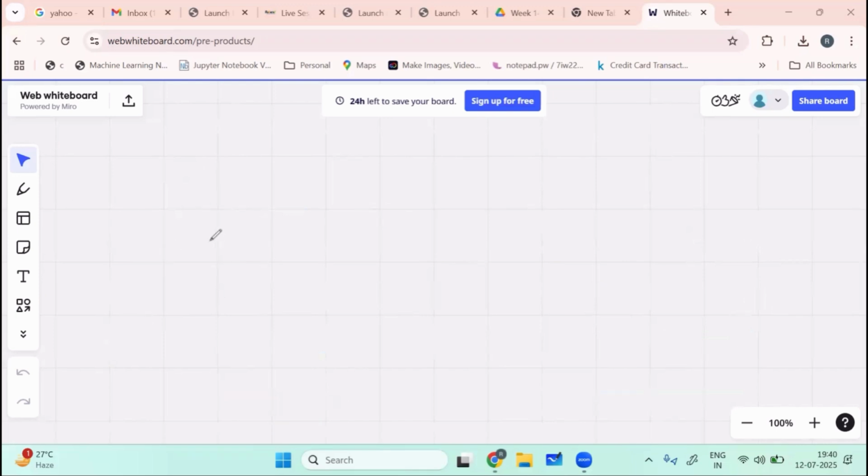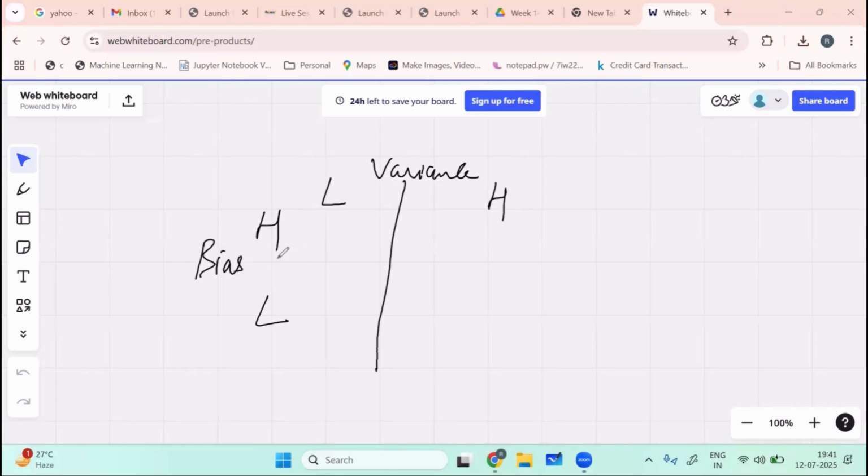Okay, so let's understand bias and variance, let's say low and high. Tell me what will happen next. So when bias is high, and let's say variance is also high, or let me come up with one more scenario.